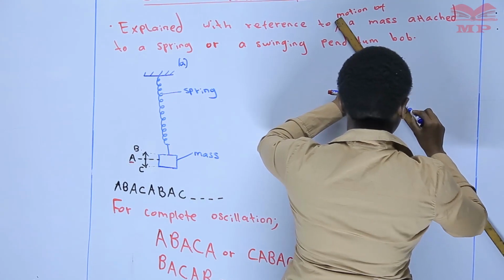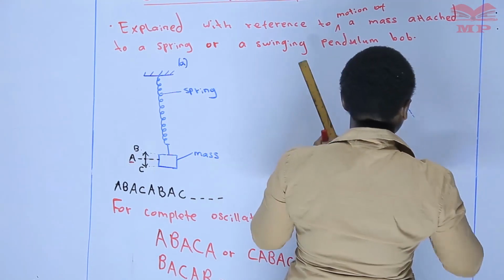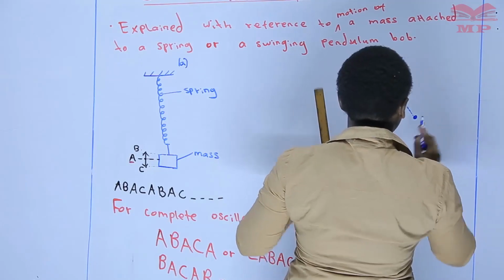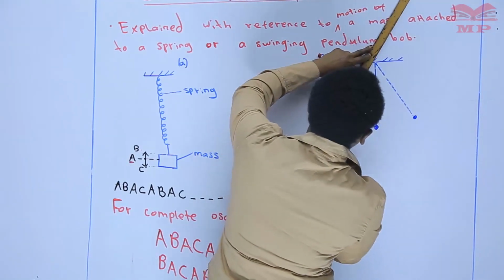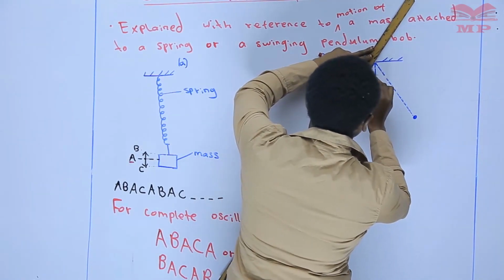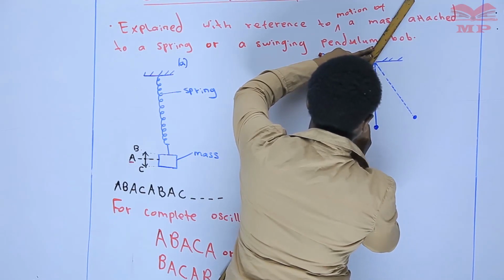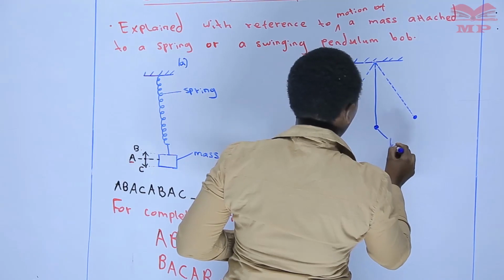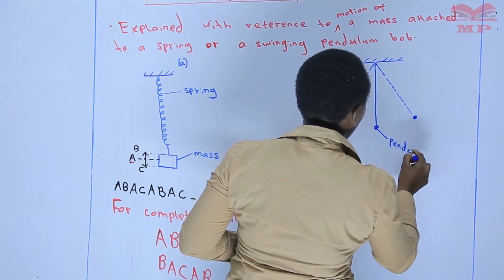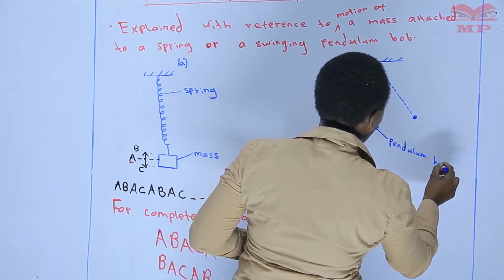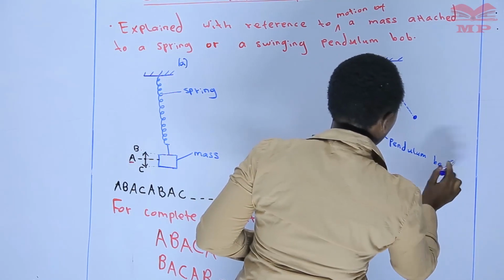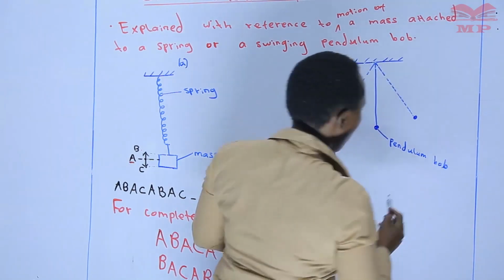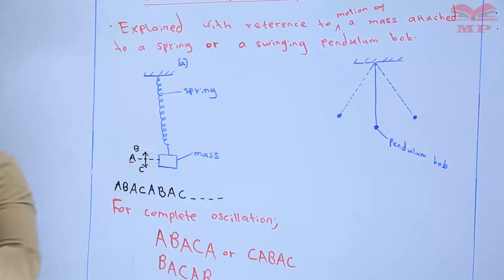We can use a dotted line. So it is going to swing to that side, and again it will swing to the other side. So we have it that way. This is our pendulum bob. So this is what we are talking about.